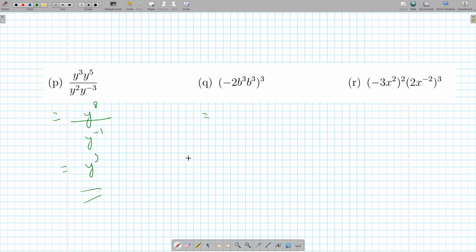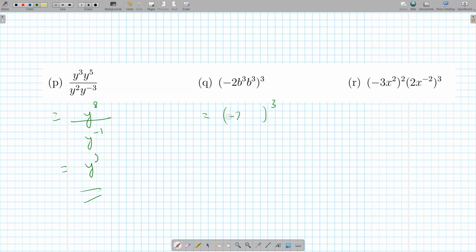What about Q? What would be the first step? You multiply the exponents? Right? So what do we get? To the power of 27? Interesting. No, it's not going to be here. Let's just simplify the bracket first, okay?